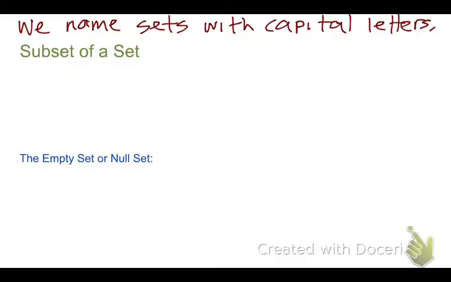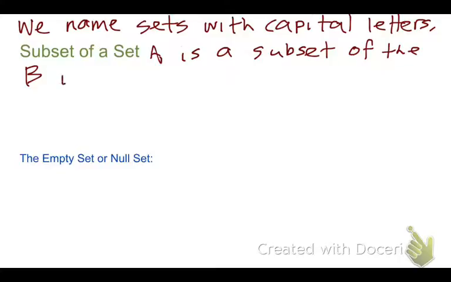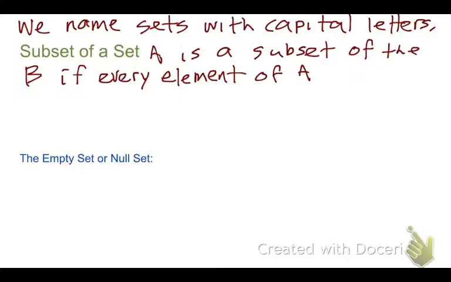So in this case, we say A is a subset of the set B, notice they're both capitalized, if every element of A is also in B. So set A is a subset if every element of that set A is in the other set, in this case set B.